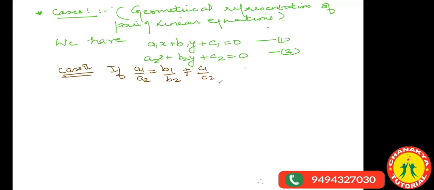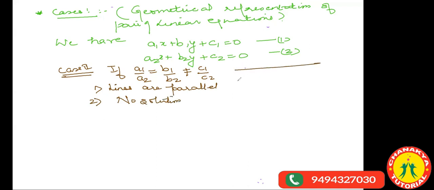So here, children, the lines will be parallel. Then the second case is there will be no solution. Why no solution? Because the lines will be parallel and they will not intersect.